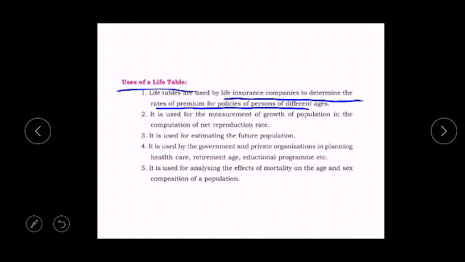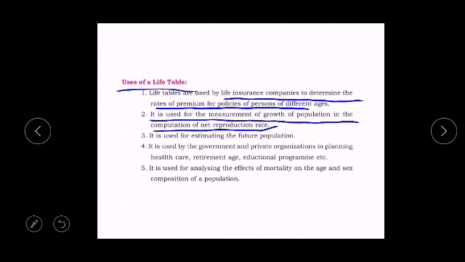The second point is that it is used for the measurement of growth of a population in the computation of NRR. We already used it in NRR. The life table gives us mortality rate and survival rate, and by using that we can compute the net reproduction rate. So it helps in further calculations.